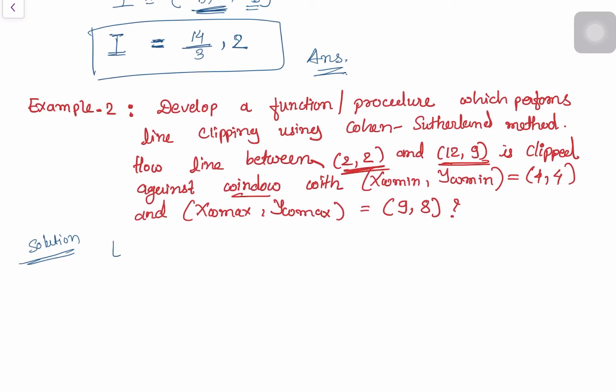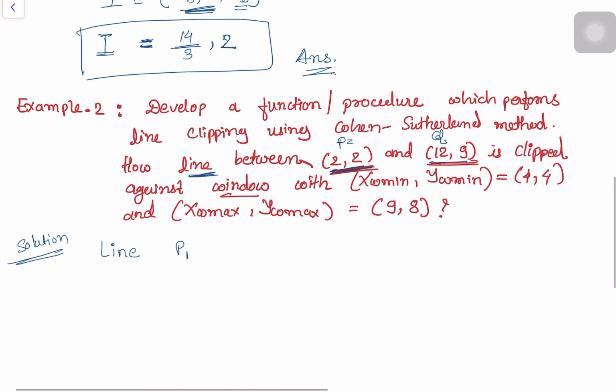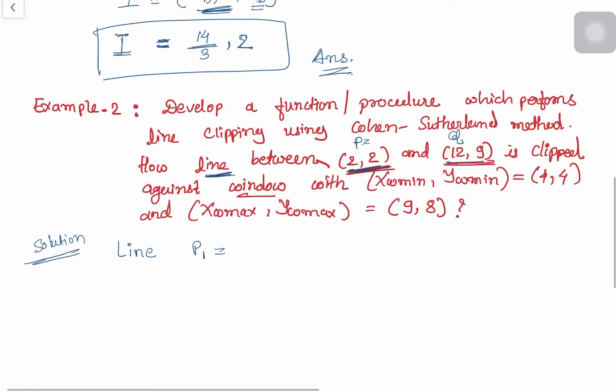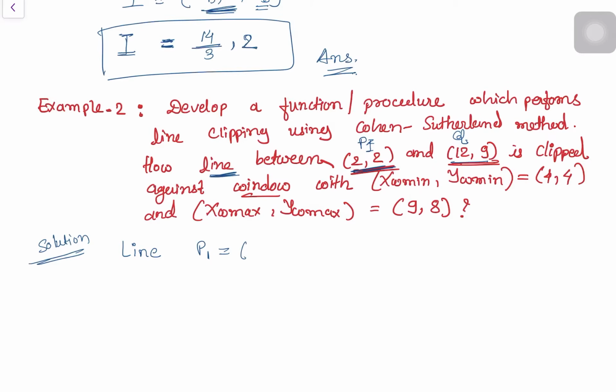Line is given, that is P1, line between this and this. So consider P is equal to 2 comma 2 and Q point is 12 comma 9. So point P1 is equal to 2 comma 2 and consider Q as point P2.